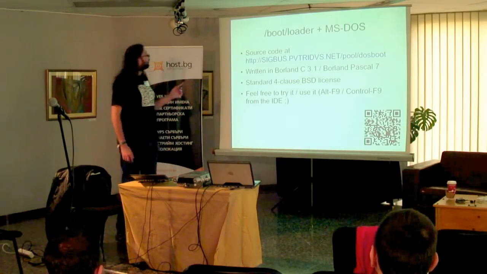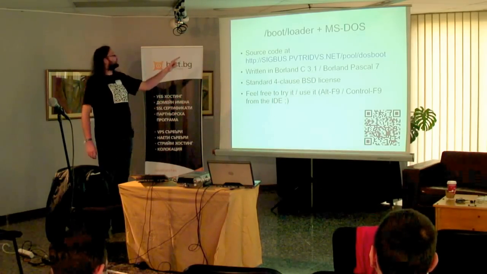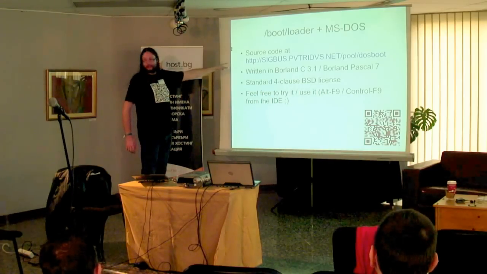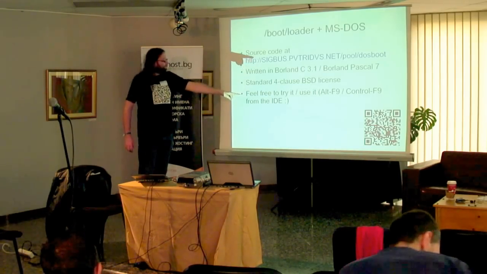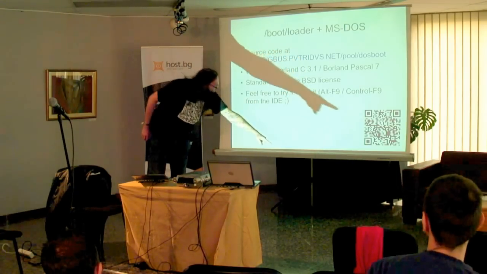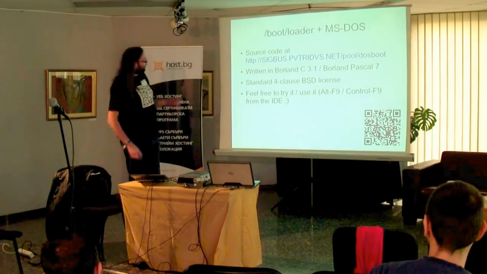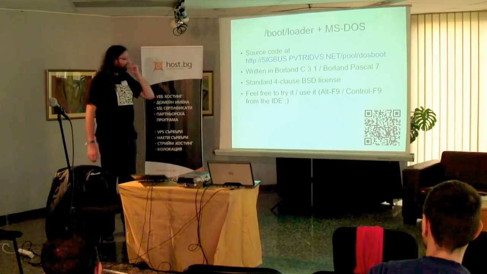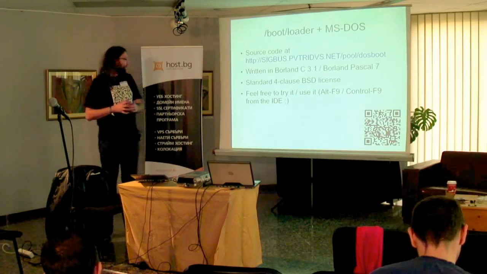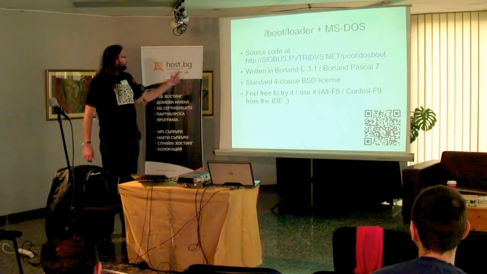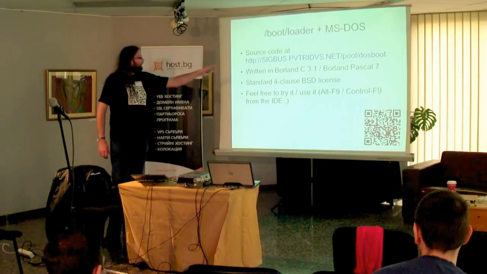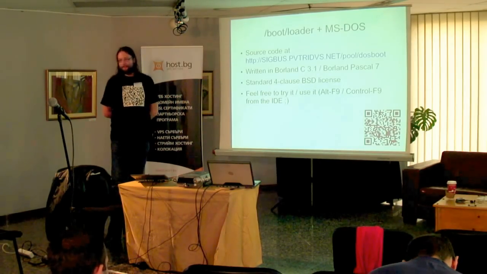So, the code, bootloader plus MS-DOS. The source is at this address. There is a crafted QR code here, which points to the exactly same address. I have written the same code in two different languages, Borland C++ 3.1, and of course Borland Pascal 7.